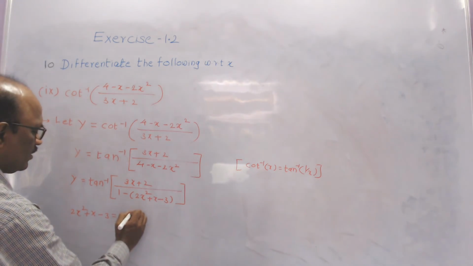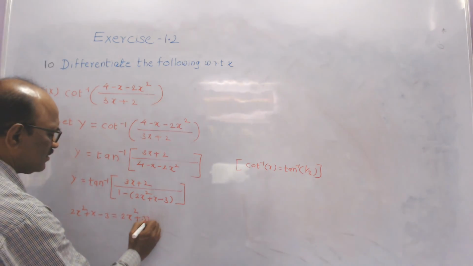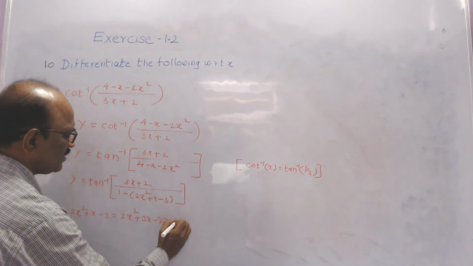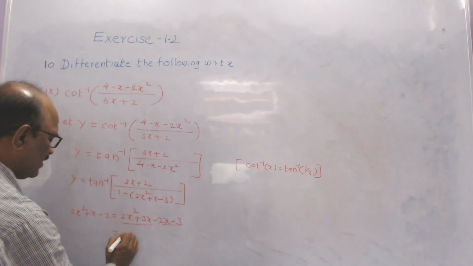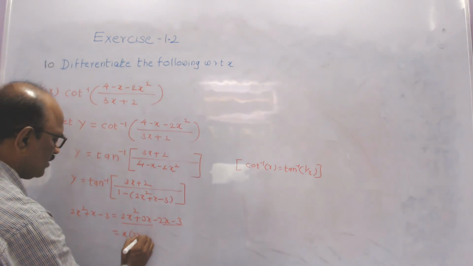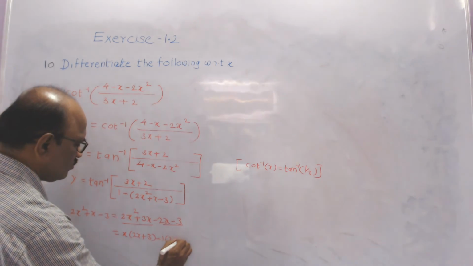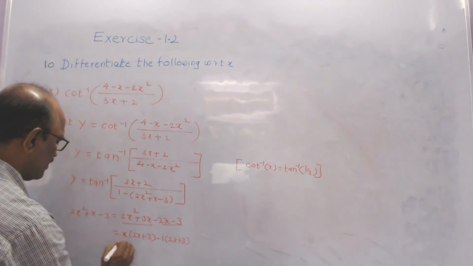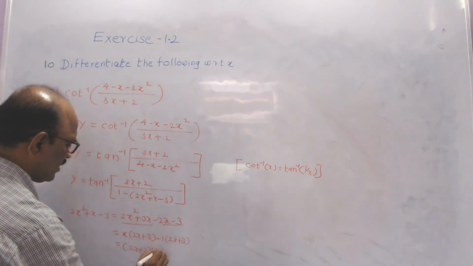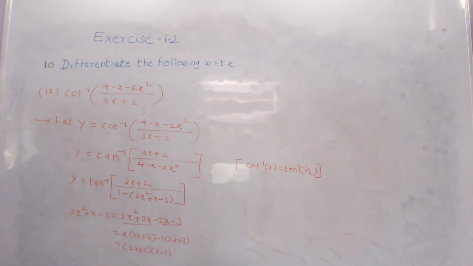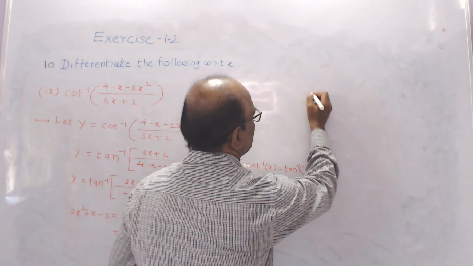Therefore you will have 2x square plus 3x minus 2x minus 3, and you can take x common, then in bracket you will get 2x plus 3 and minus 1, again 2x plus 3, and therefore you will have (2x plus 3) and (x minus 1).